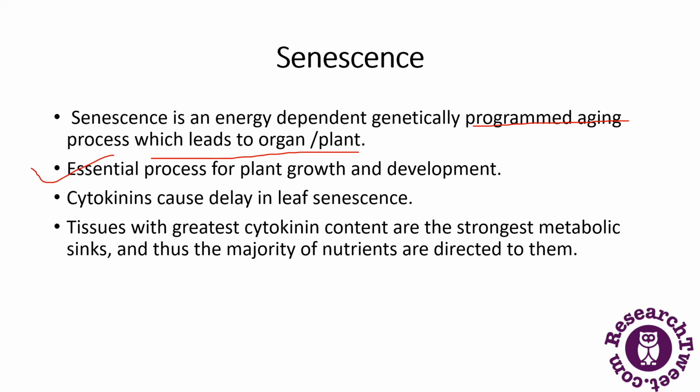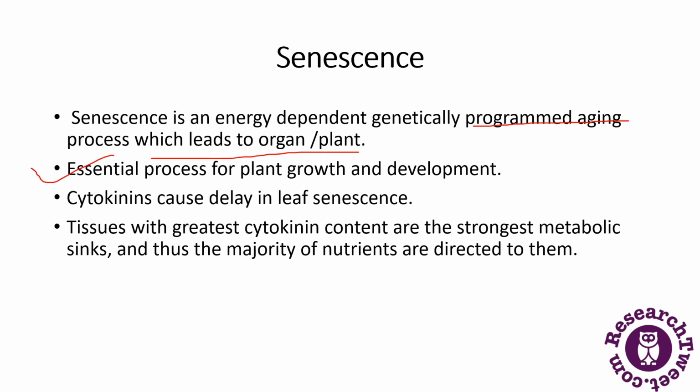There are many hormones which act as positive regulators of senescence, while others act as negative regulators. In the case of cytokinins, they cause a delay in leaf senescence. For example, if we take a small spot on a leaf and treat it with cytokinin, that spot will remain green after the surrounding tissues on the same leaf begin to senesce.